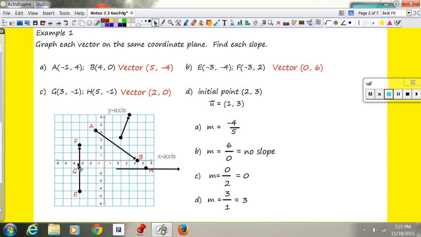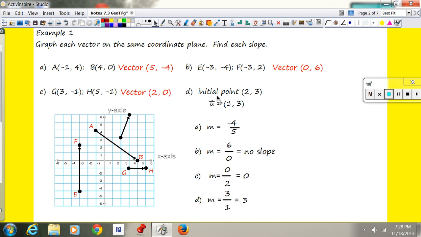Point G should be right here. So it's over 2. There you go. There's the vector. And G goes right there. So it's over 2 and up 0. So 0 over 2, the change in y over the change in x, 0 over 2 would be 0.